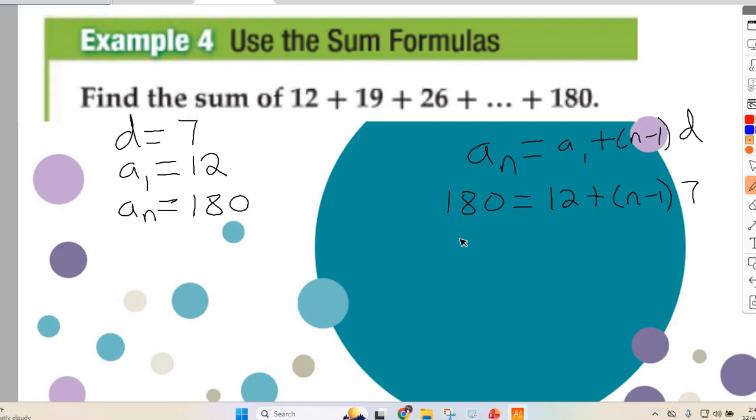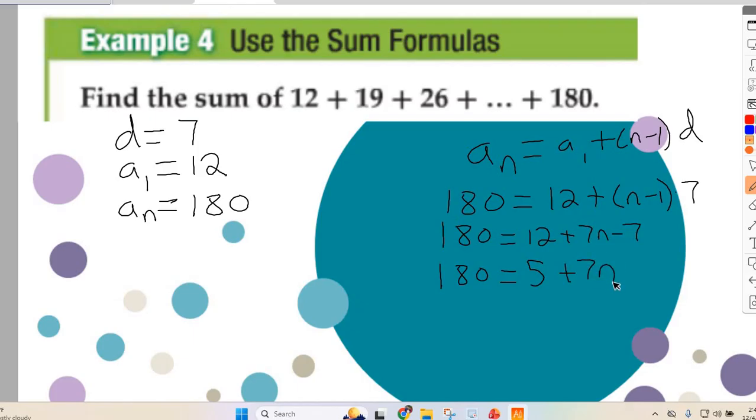Combine my terms. 12 minus 7 gives us 5. There you go.